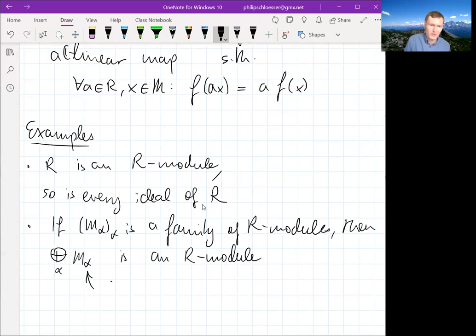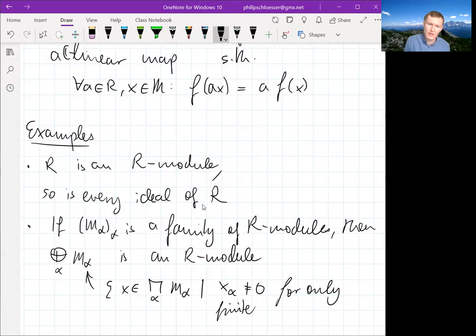The direct sum consists of those x in the product or the Cartesian product of all of them, such that x alpha is not 0 for only finitely many alpha.